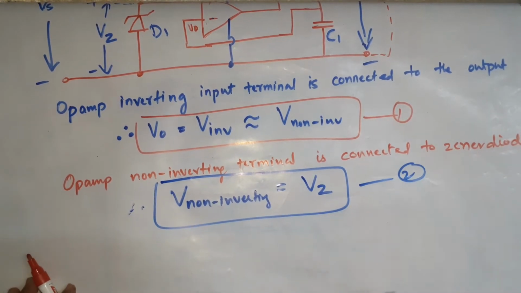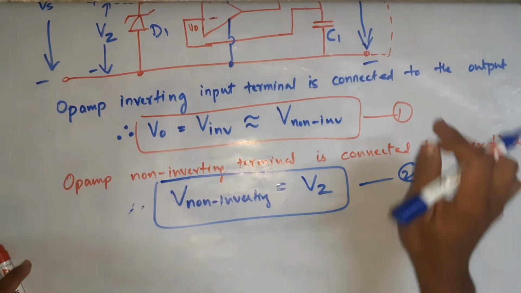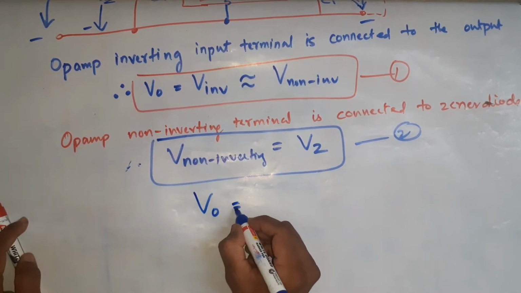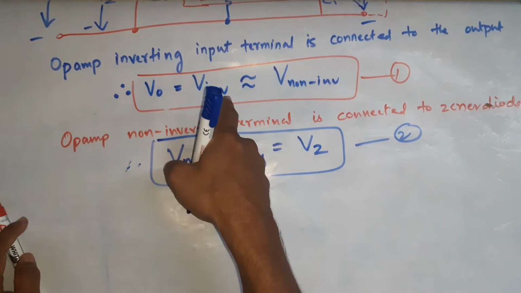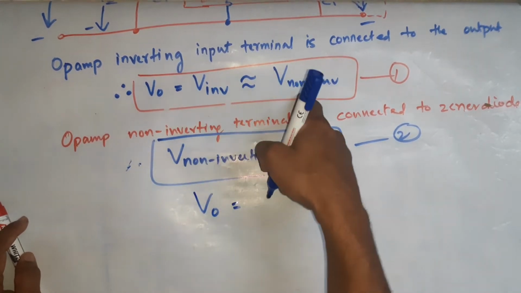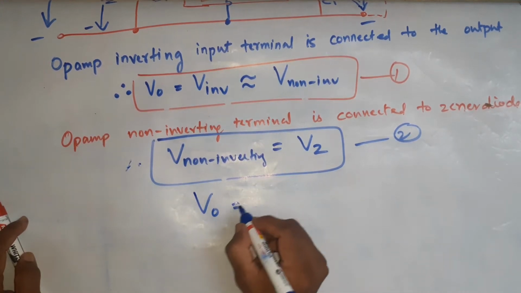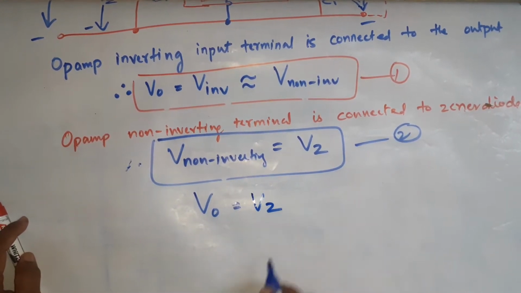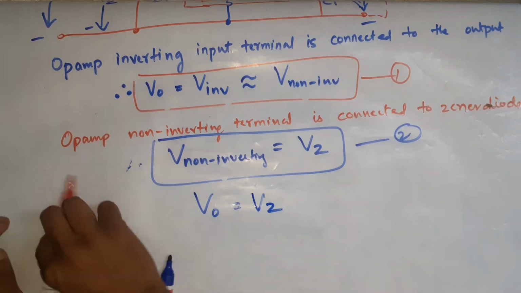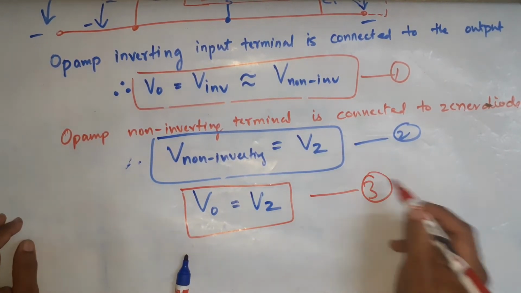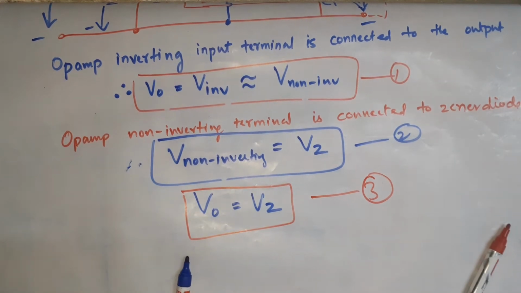Now with these two conditions, looking at equation 1 and equation 2, finally I can write V naught is equal to what? If V naught is equal to V inverting, which is also equal to V non-inverting, then V non-inverting is equal to Vz. So ultimately V naught equals Vz. This is your important equation. And what is the voltage across the Zener diode?